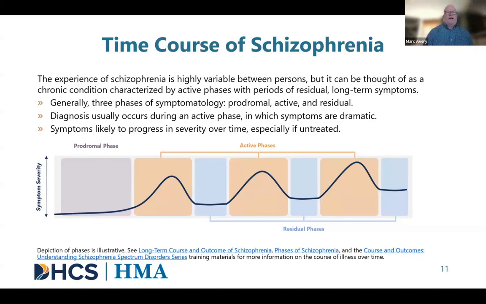Schizophrenia generally follows a pattern of episodes, acute episodes of illness, oftentimes characterized by prominent positive symptoms along with negative symptoms, which we'll cover next. These symptoms, in both active phases and residual phases, may exhibit progression over time, especially if the person goes untreated.